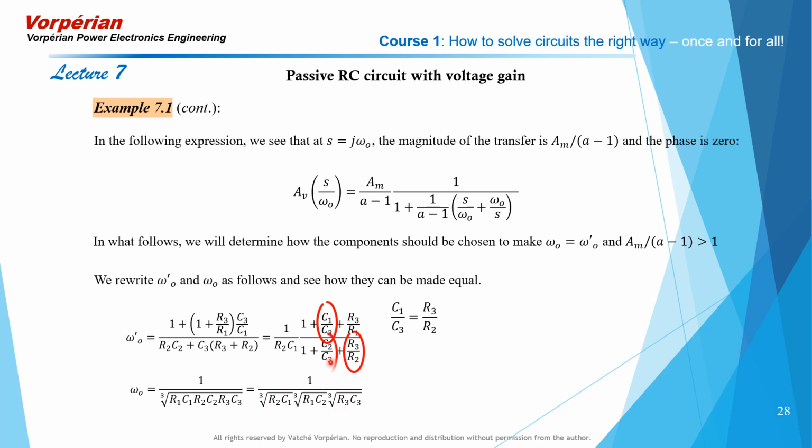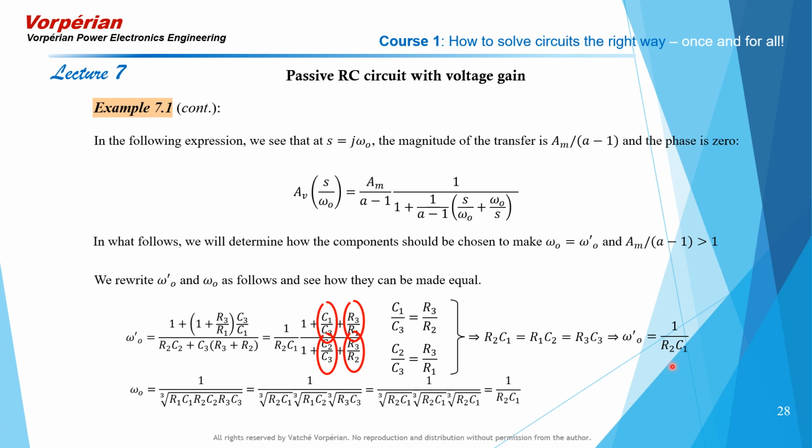If I look at the next one, C2 over C3, and make it equal to R3 over R1, then I will have R1C2 equals R3C3, which is here. This means that if I make R2C1 equal to R1C2 equal to R3C3, then omega naught prime will reduce to 1 over R2C1 and will be equal to omega naught.